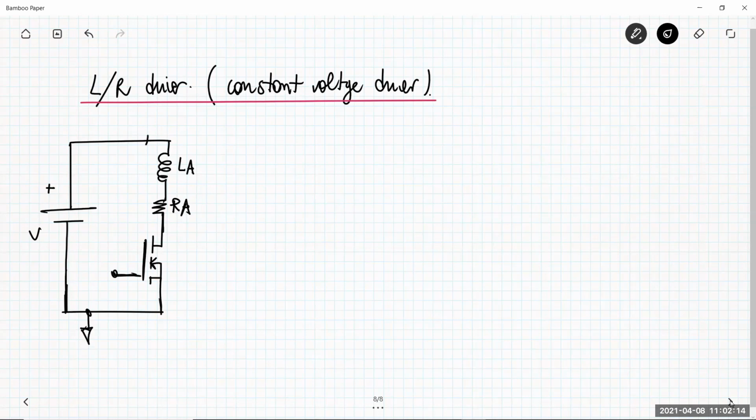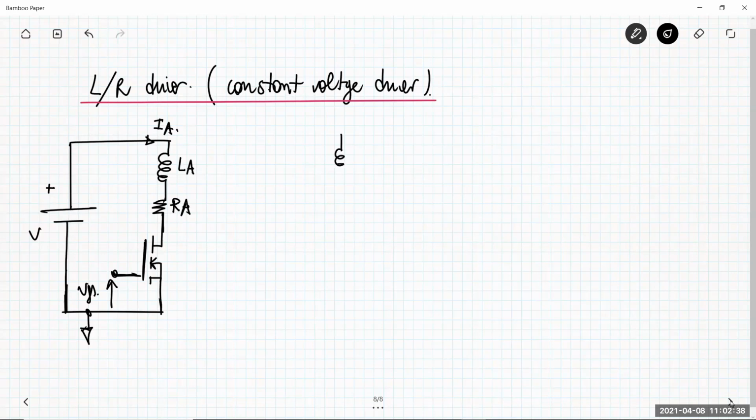The current flowing here is the current flowing through the phase, IA. So what happens? When the switch is commanded to be closed, so when the voltage here is at a high logic level, higher than the threshold of the MOSFET, we can suppose that the MOSFET is closed.